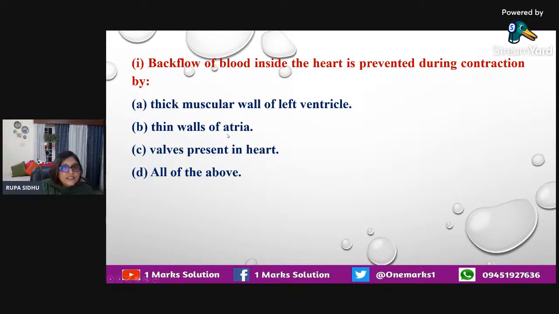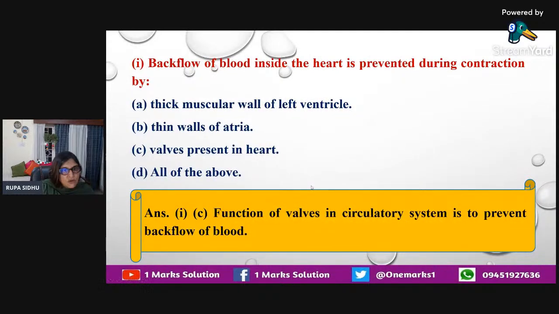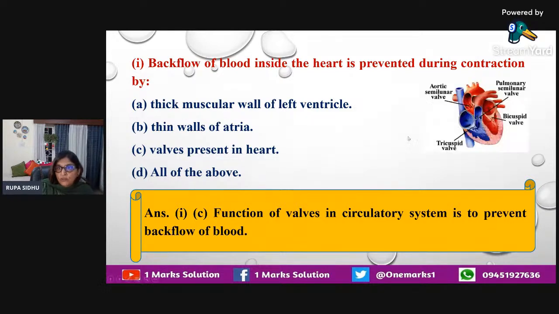Thin walls of the atria. The walls of the atria are thin because the blood comes into the atria, which is not flowing under very high pressure. So this is out of question. So the right answer over here would be the walls which are present in the heart. They prevent the backflow of blood. So you must know the walls.